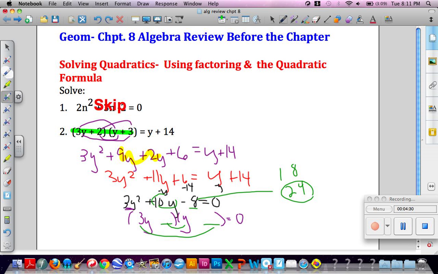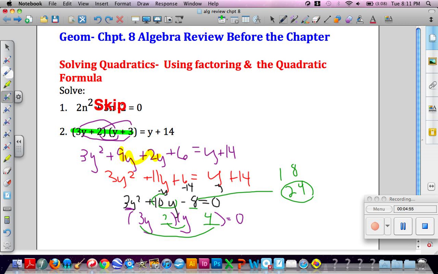I'm going to make this be 2. I'm going to make this be a 4. I need a minus 8, and when I get outer and inner, I need positive 10. Oops, I wrote them in the same spot, didn't I? Undo. So I want to have 4 here and 2 there.